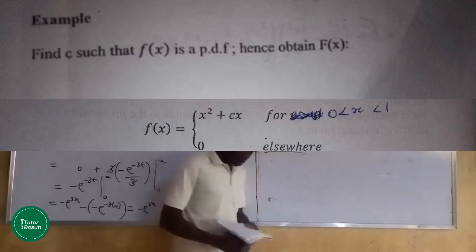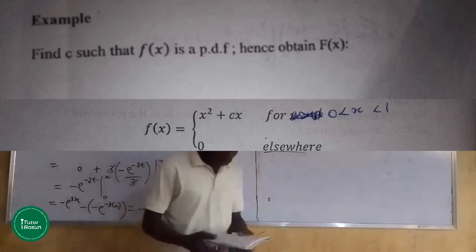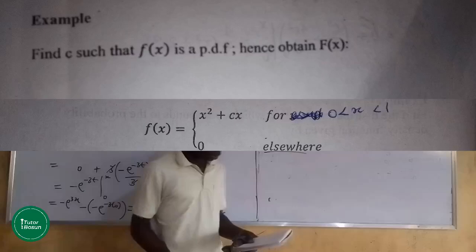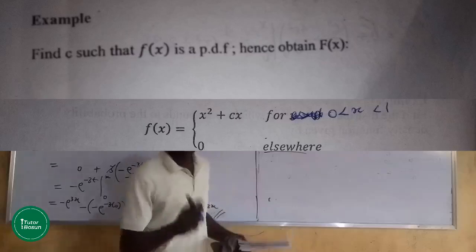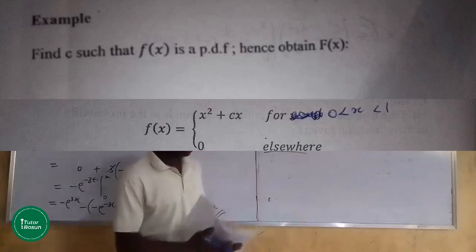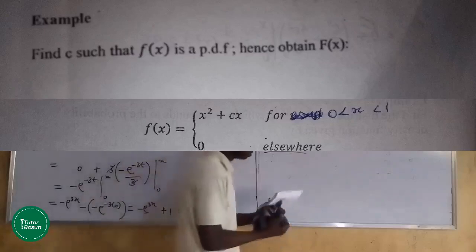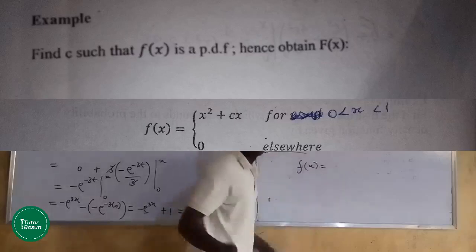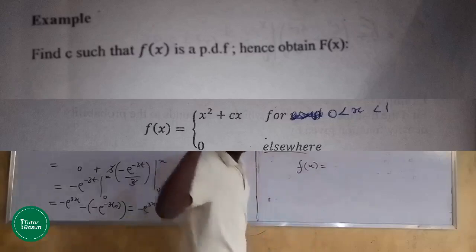So this example says find C such that f of x is a PDF, that is probability density function, hence obtain capital F of x. So we are given the function, but a number was removed and replaced with an unknown.